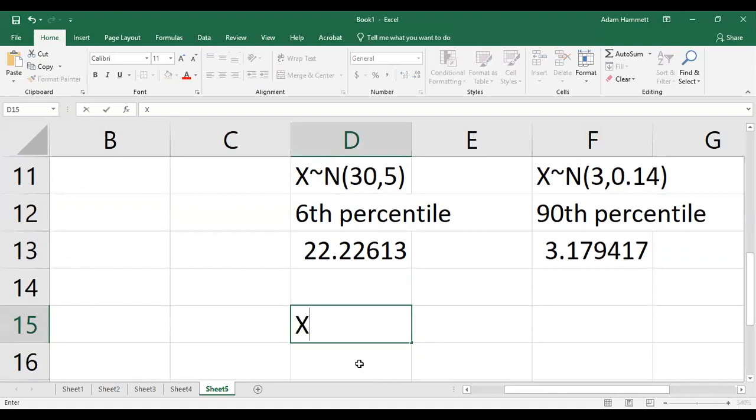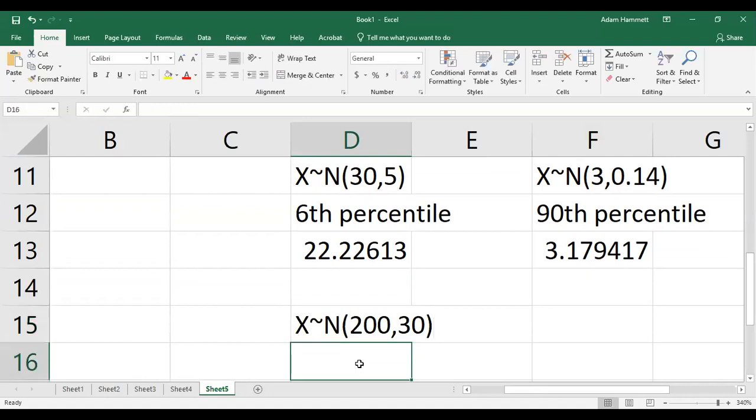Okay, so first of all, in this particular problem, we have X. This thing is distributed as normal. The mean altitude was 200. The standard deviation was 30. Okay. And what was the deal? I wanted to know, first of all, it would be nice to know what's the probability that there will be damage, right?